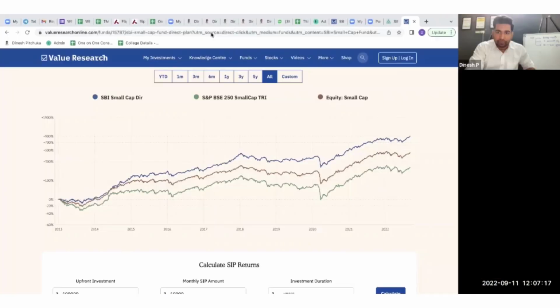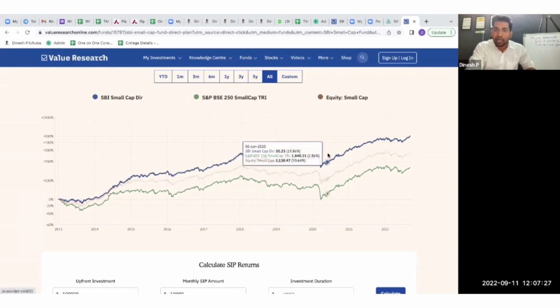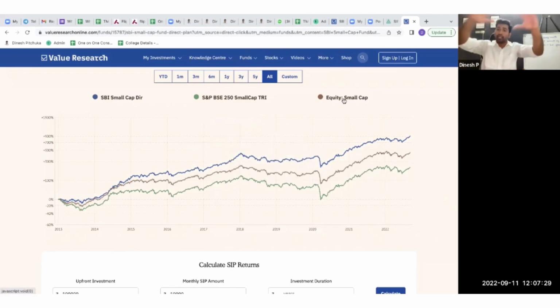That is the reason why we have the SBI small cap and the S&P BSE 250. This is green and this is blue. This last one is the whole small cap, the huge one. This is the 250 small cap.